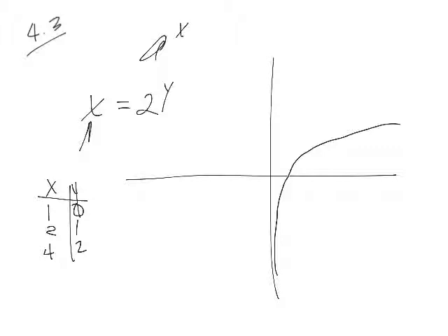something along that line. And one thing I wanted you to note in this graph of x equals 2 to the y power is that it gets close to the y-axis, but it never crosses the y-axis, because if it crossed the y-axis, that means that our x value would be 0.